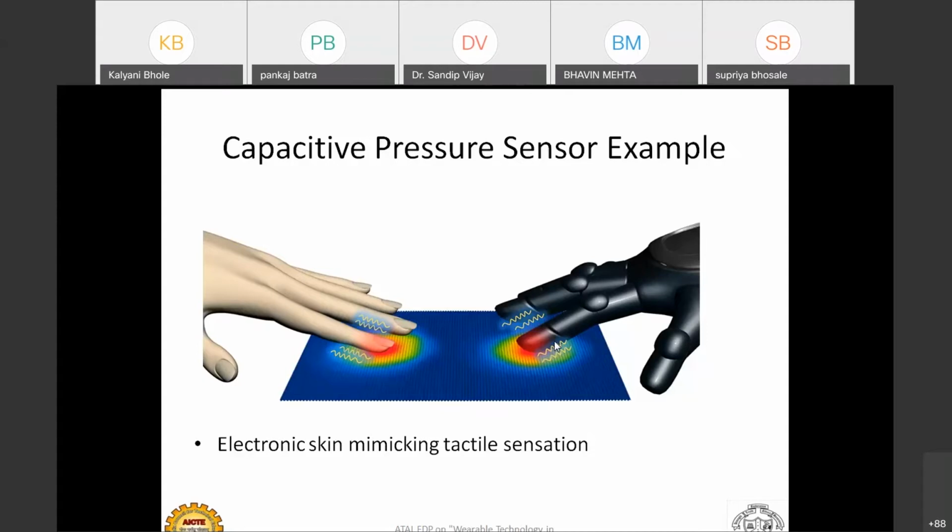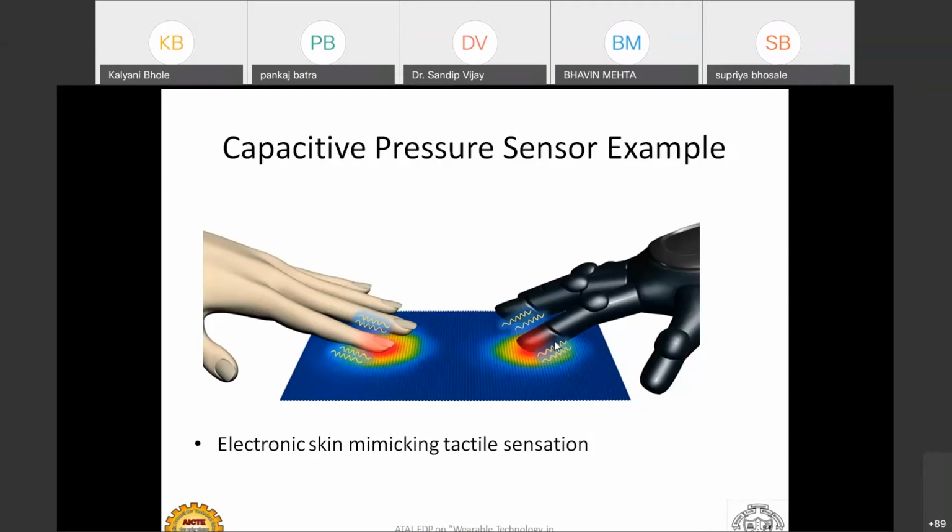I want to train my robot for touching an object, whether it is a hard object or a small object. How fast should it grab that object? What should be the force that should be applied on that object? The level of the force. In this case, this type of electronic skin is used.